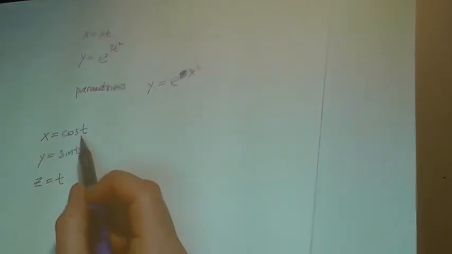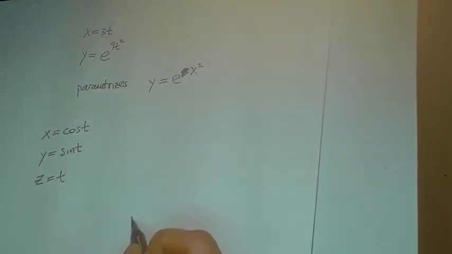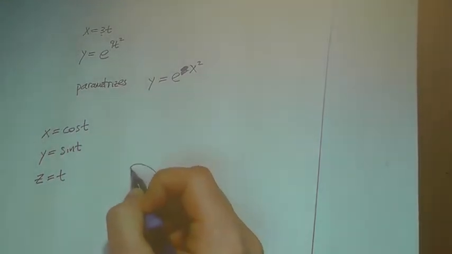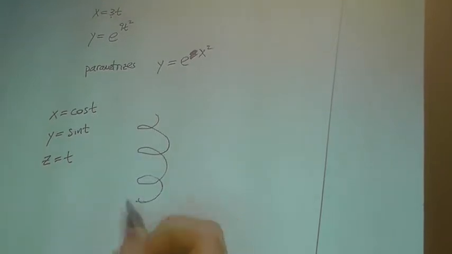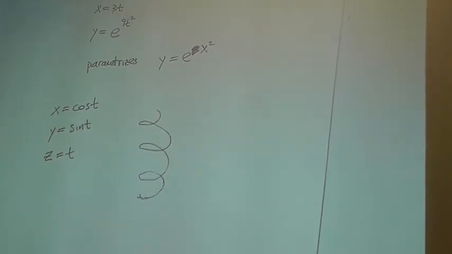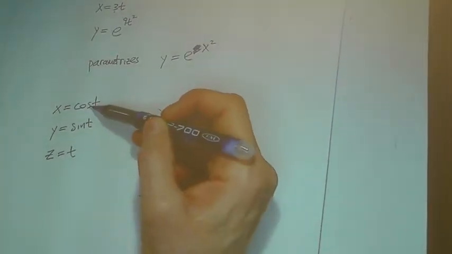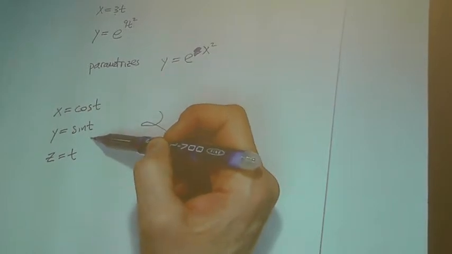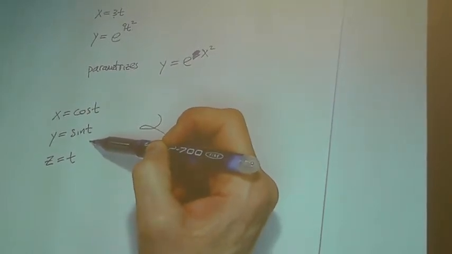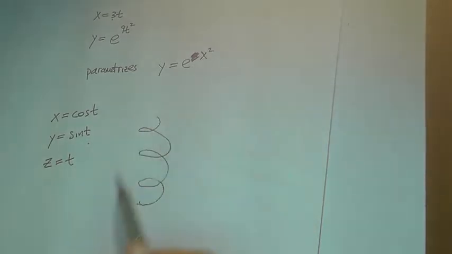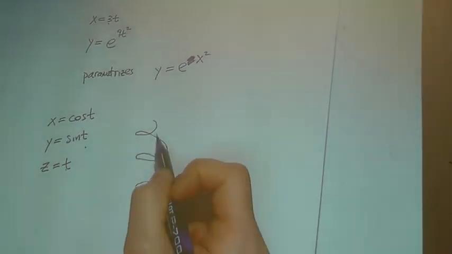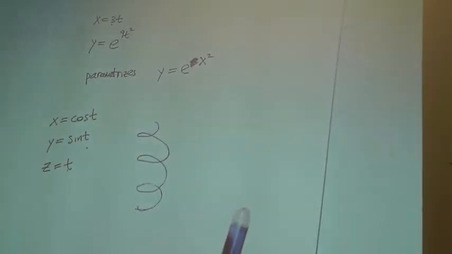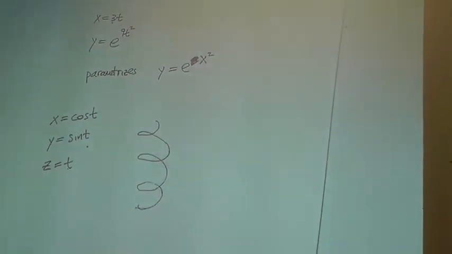So, for instance, this is going to give you a spiral like this, which is supposed to have the same diameter. What I'm seeing is that x squared plus y squared is a circle. And then what this z is, at various points, it's lifting or dropping that corresponding point on the circle down.